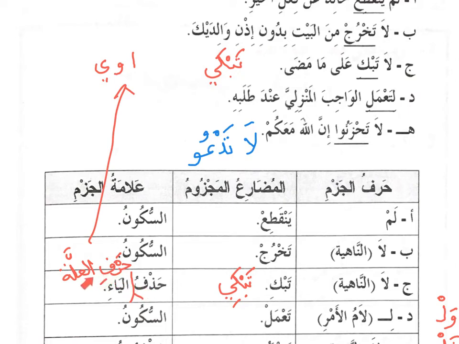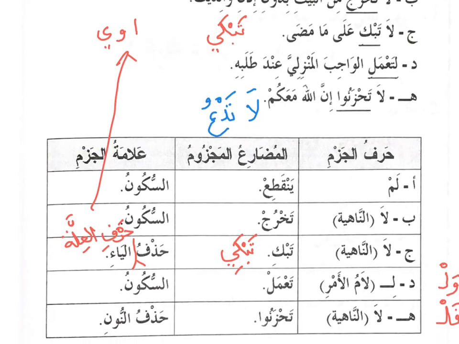We remove the problematic letter, which in this case is no longer a ya but a waw. We just remove this waw and write the proper ain. This is now the fi'l mudari' majzoom, but it is not majzoom with a sukun. It is majzoom with hazfi harfil illah.